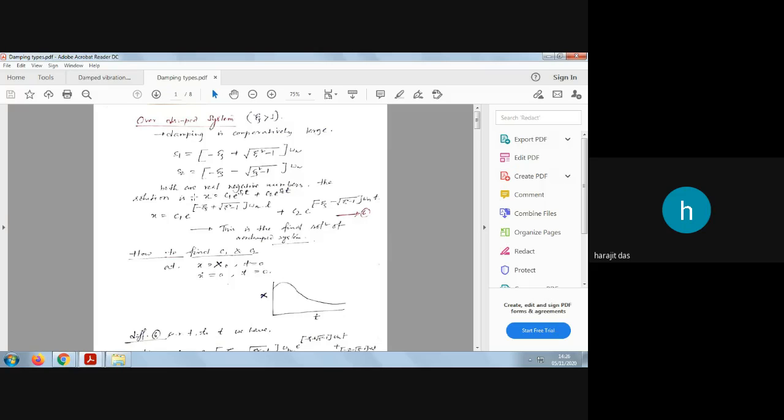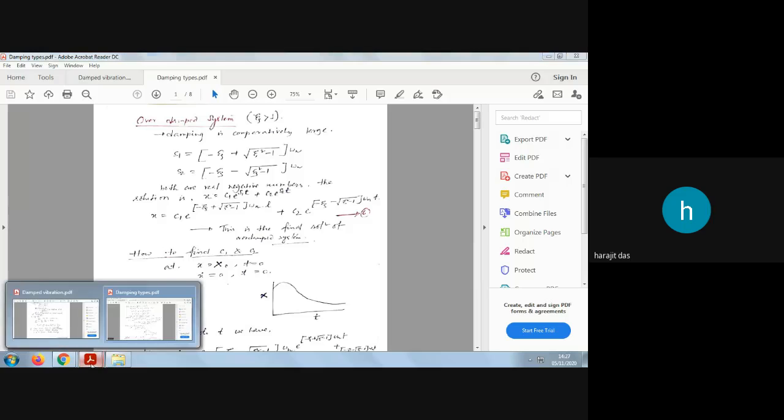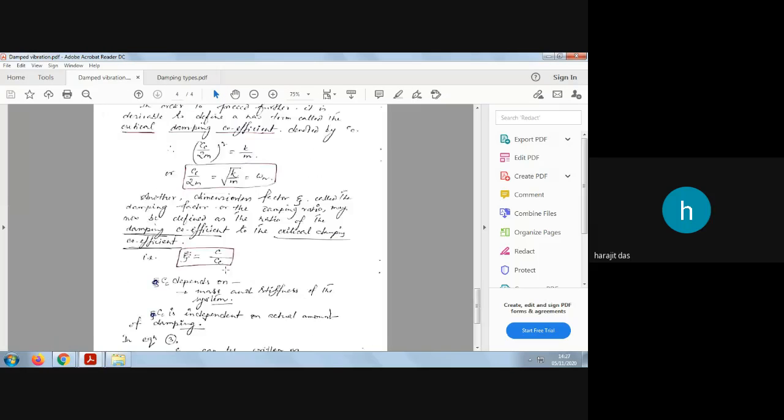So the solution for this kind of roots for the differential equation, which was x equals c1 e to the power s1t plus c2 e to the power s2t, is given by the same expression that we actually got in the last derivation.